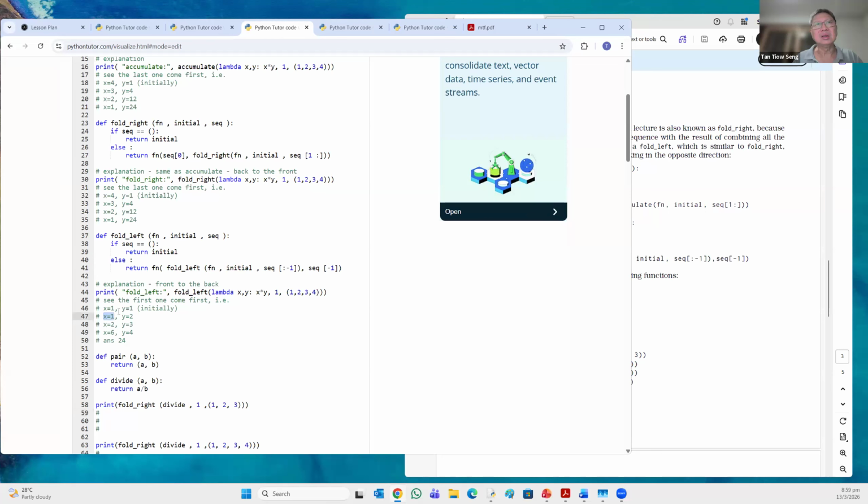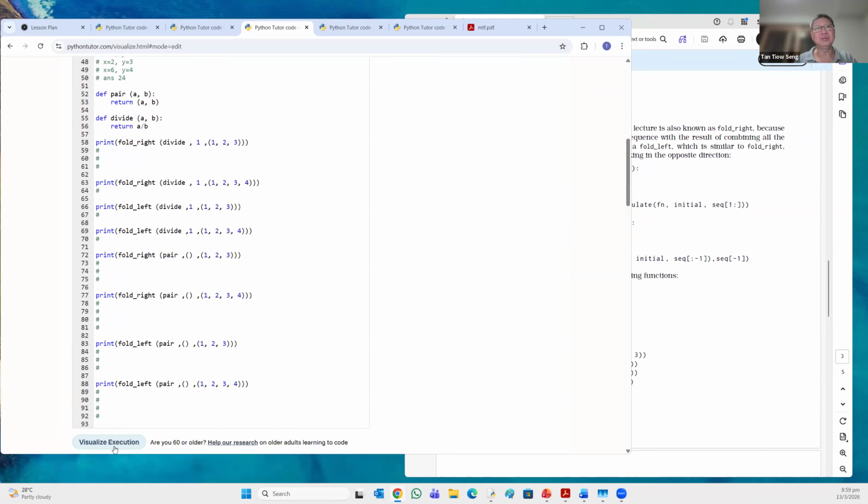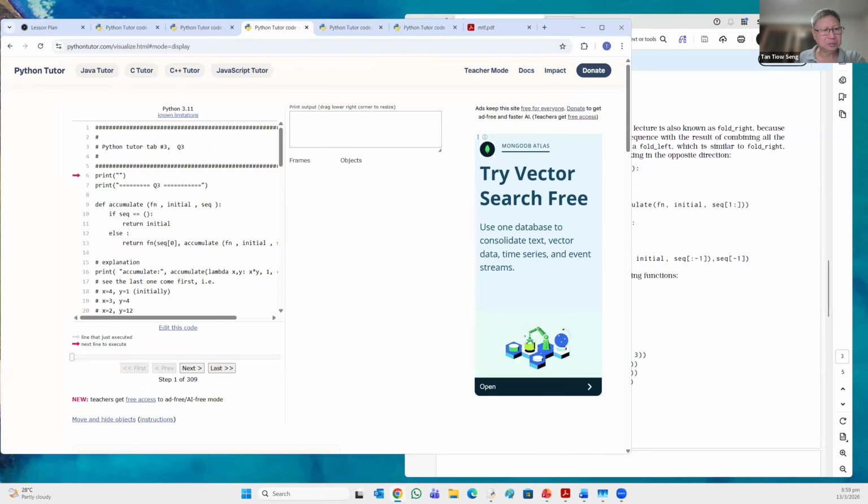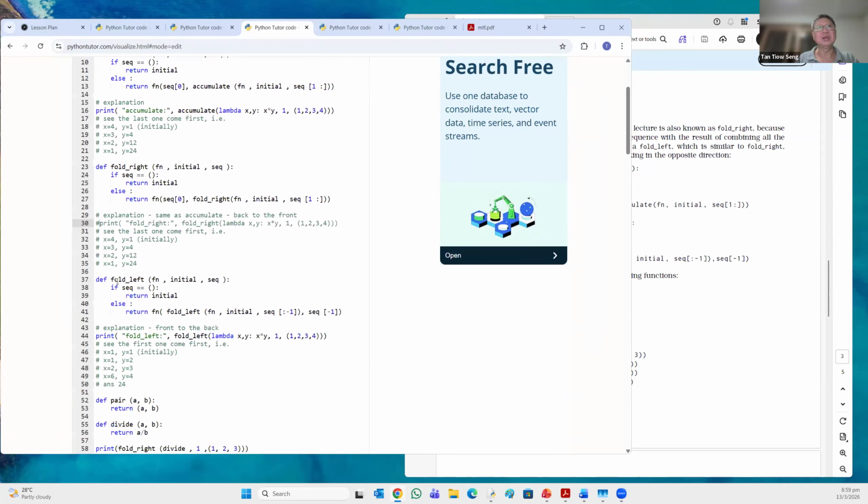Let's trace this guy, line 44. There's another difference here. Now the x is the one that's coming from here.